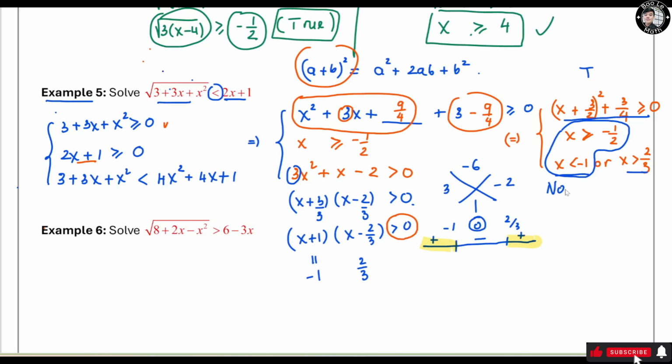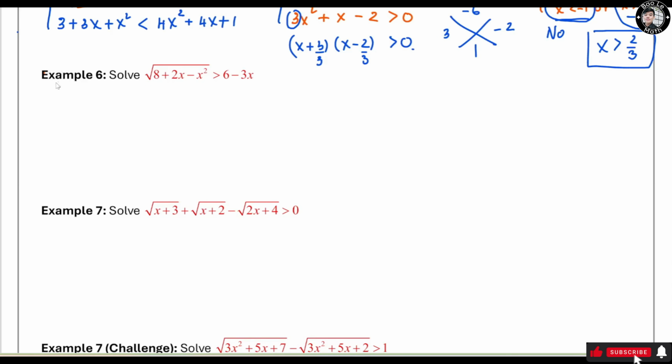Because you cannot find a number that is greater than or equal to negative 1 half and less than negative 1, right? Now, if we combine this guy and this guy, then your solution should be s greater than 2 thirds, right? And this one is your final solution that satisfies the first one, the second one, and the third one, right?